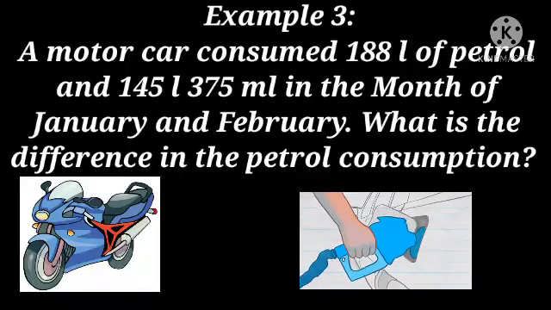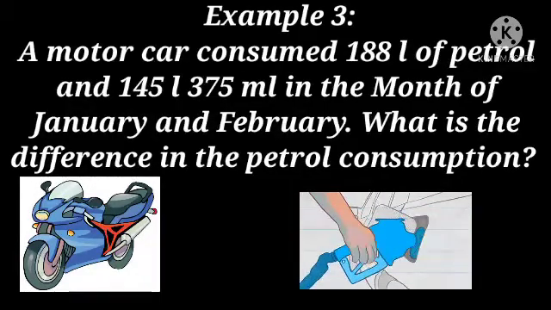So children, here the word difference is the keyword of subtraction. So we have to subtract 145 liters 375 milliliters from 188 liters to get the difference in the petrol consumption.